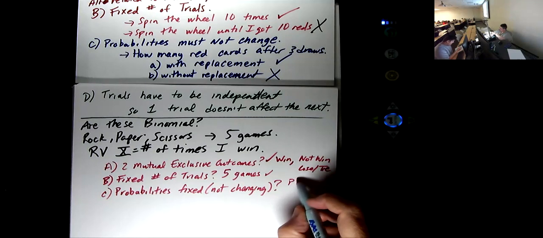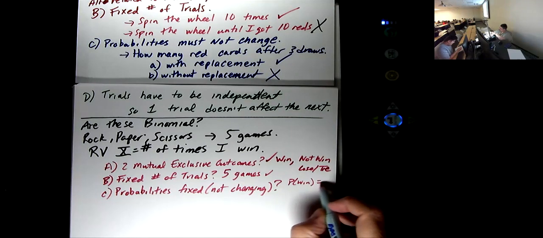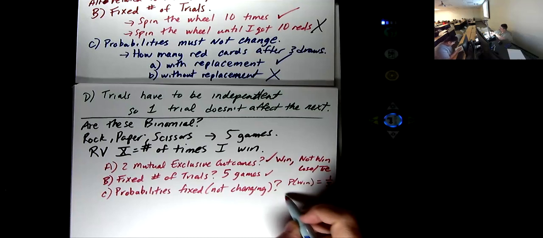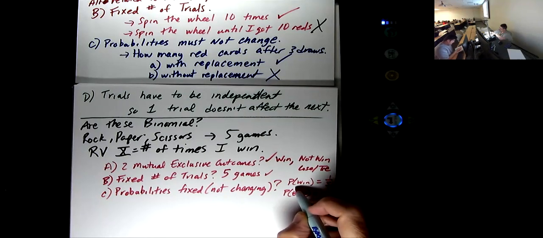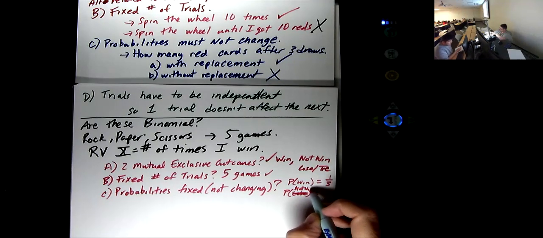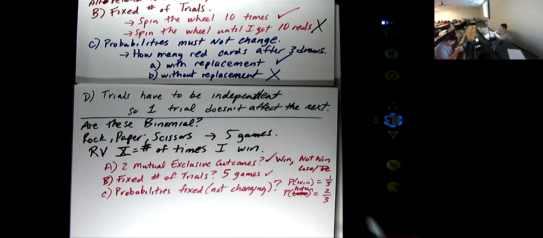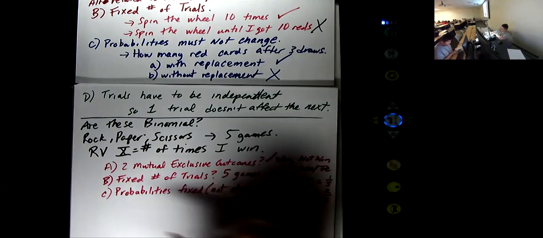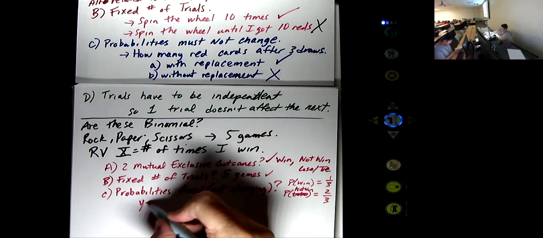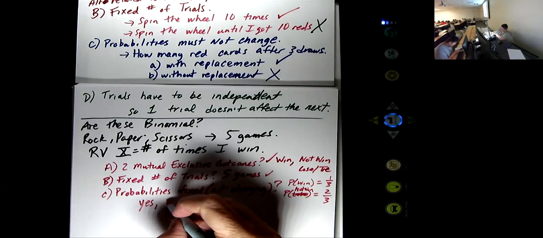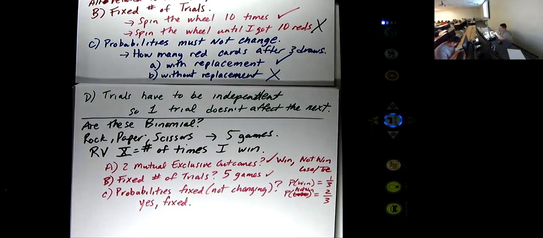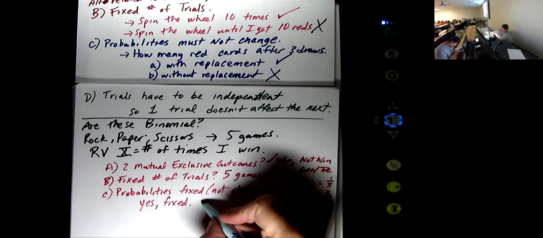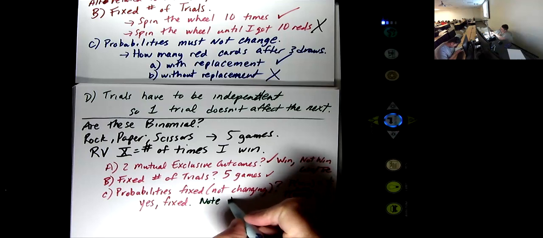Probability of winning: there's only one way to win out of the 3 outcomes. Probability of not winning is 2 out of 3. So yes, the probabilities are fixed. I think it's worth pointing out, note that they don't have to equal each other.